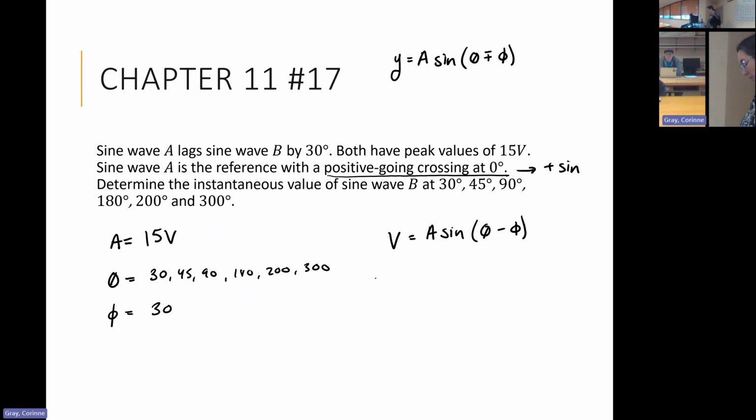And because we're going to plug in a bunch of different theta values, we'll have 15 volts sine theta minus 30. Questions?